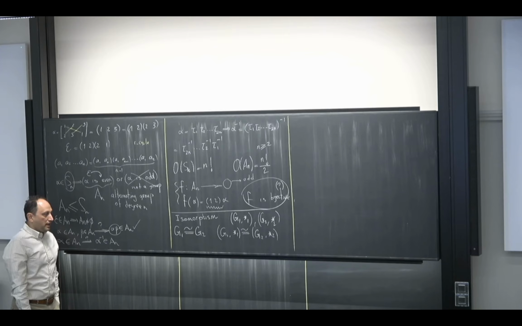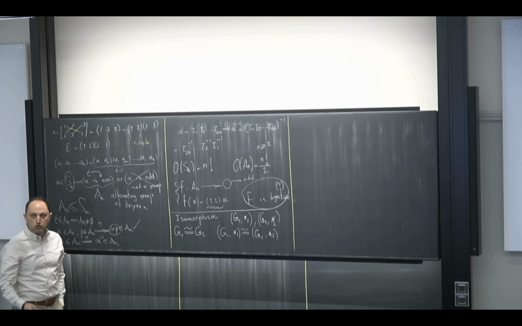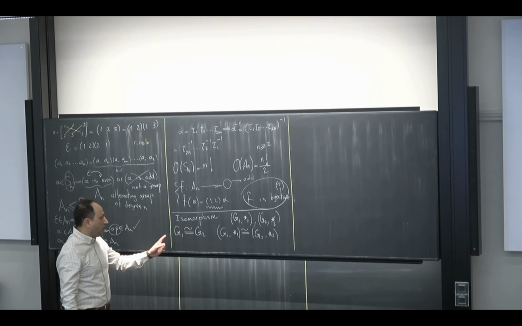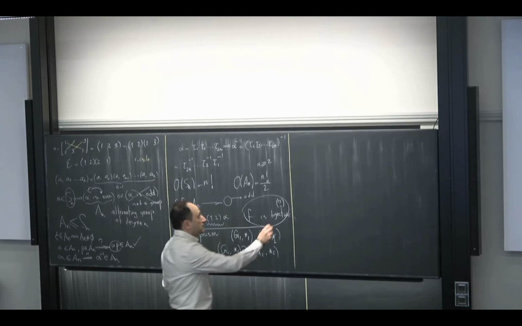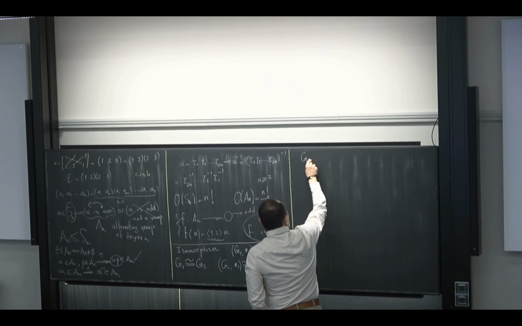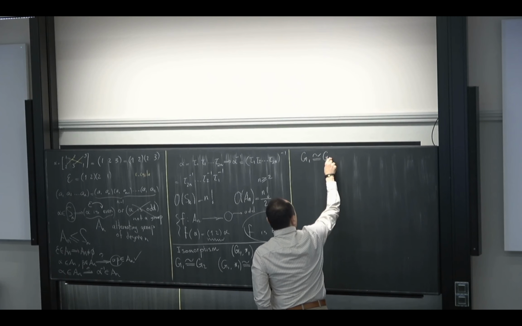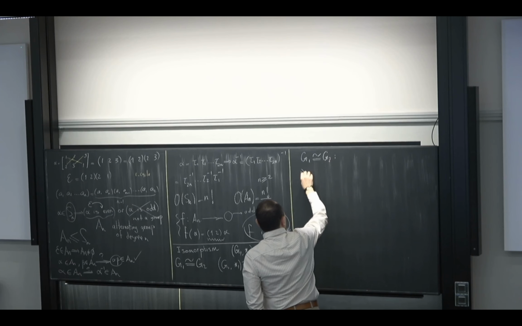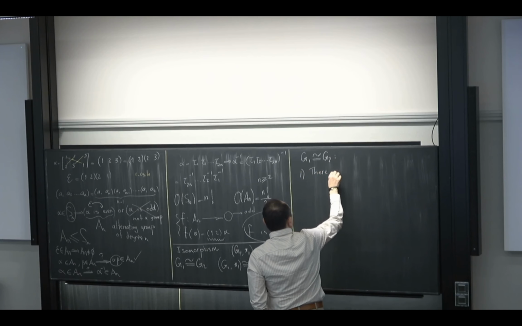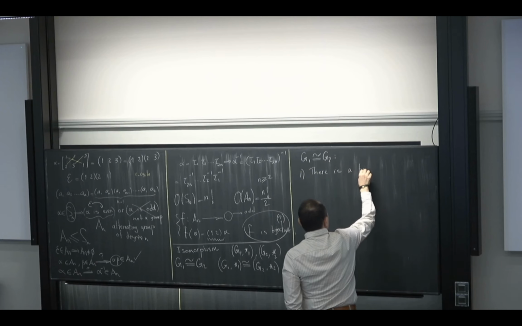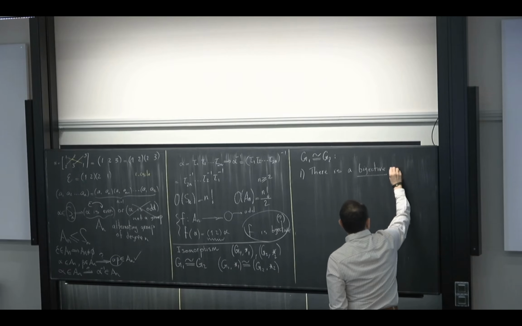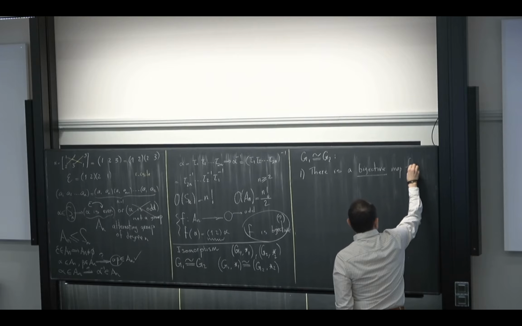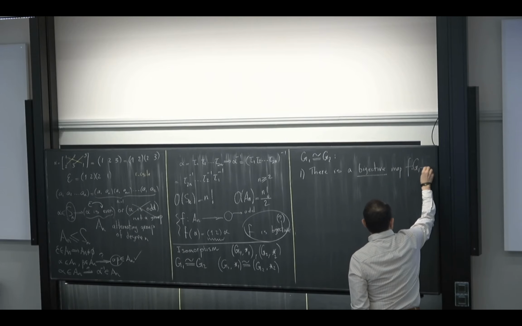When I say that I have two groups that are isomorphic, what do I mean? It means someone can find a bijective map from G1 to G2. This means two things. One, there is a bijective map F, for example, from G1 to G2.